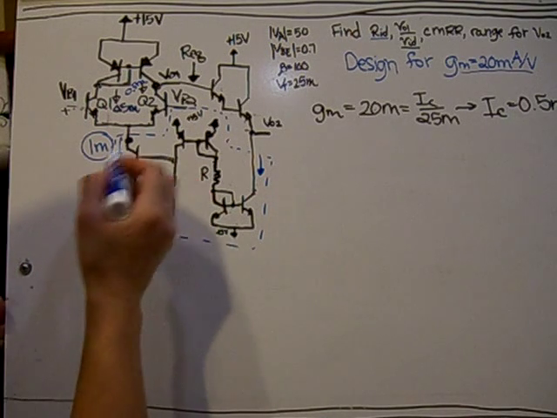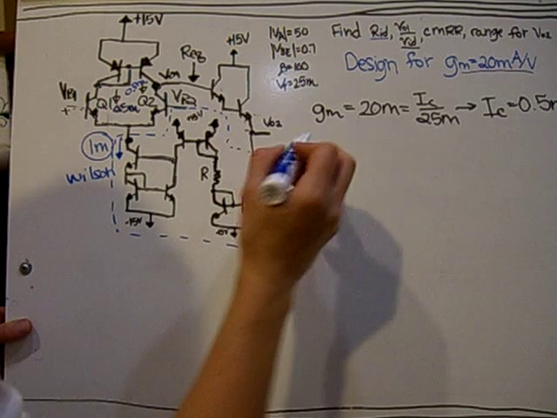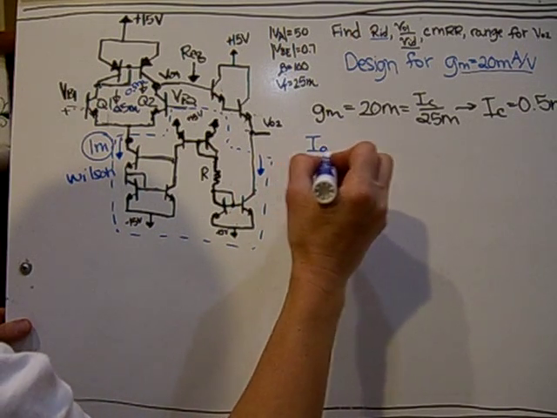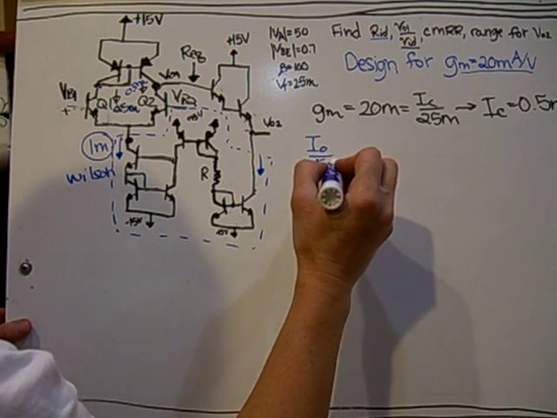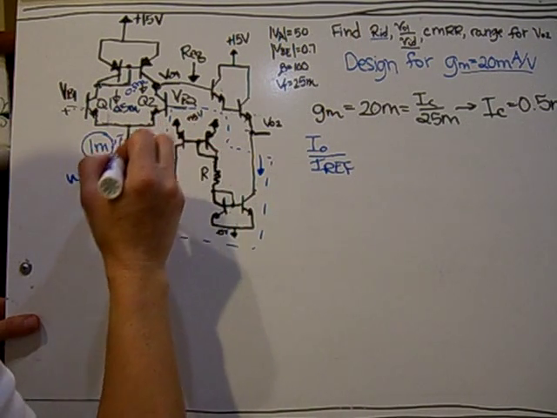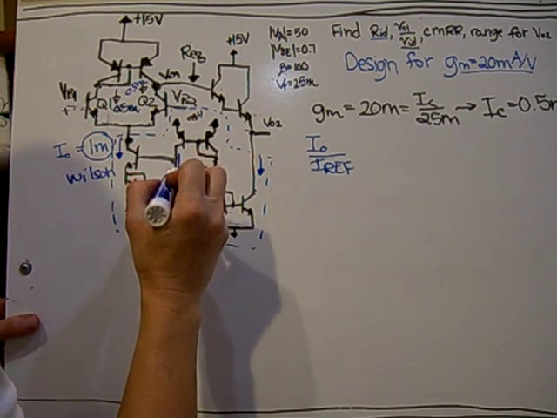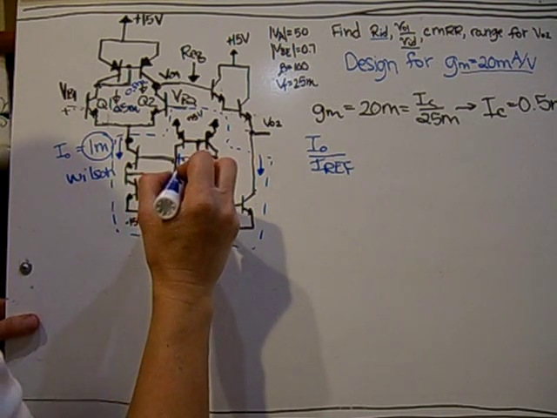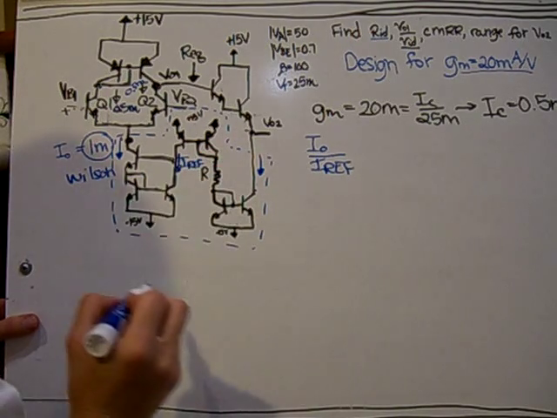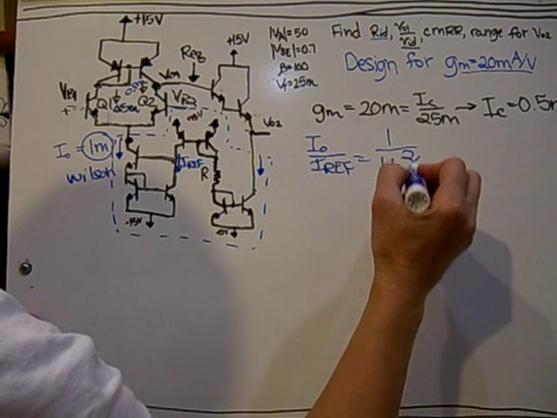And then knowing that this is a Wilson, the Wilson relates the I naught to the I ref, where this is considered I naught over here, and this would be your I ref portion, as 1 over 1 plus 2 over beta squared.